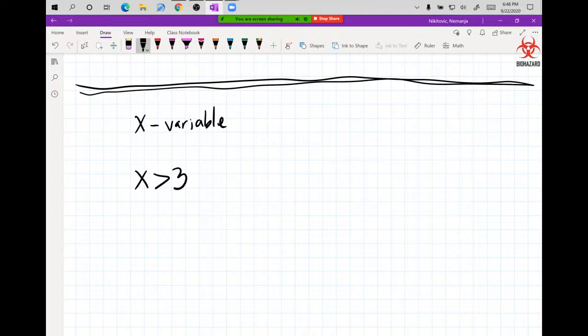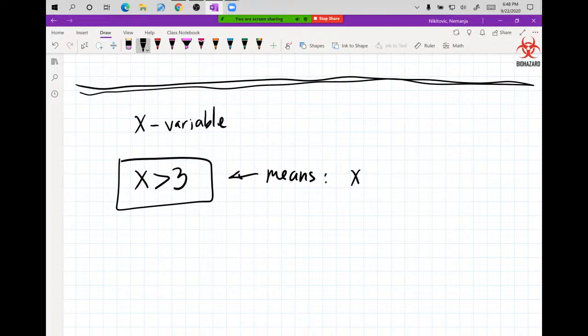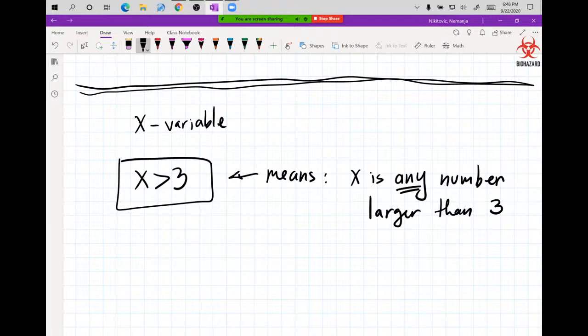You can literally pick anything that is bigger than 3. This statement here means x is any number larger than 3. That's what the statement means.